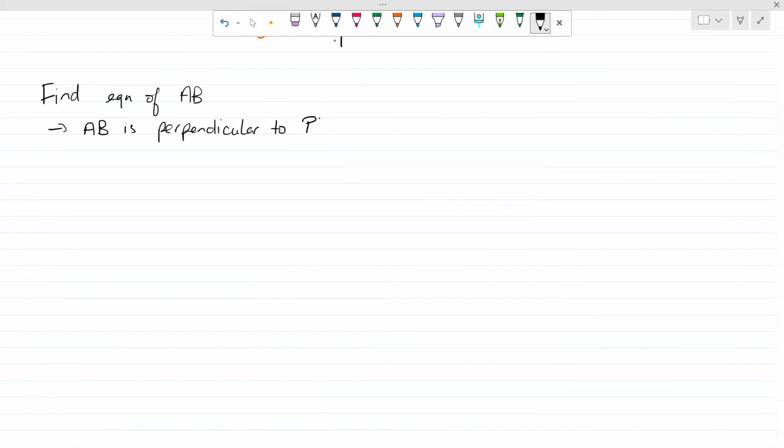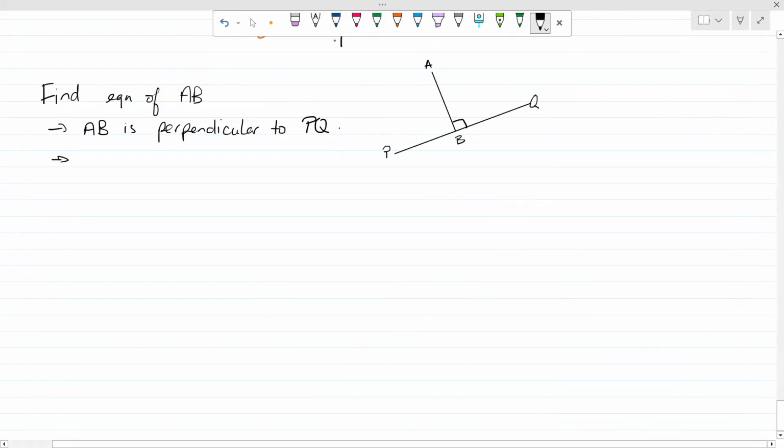We know that AB is perpendicular to PQ. That means that if this is PQ, the other line meets it at a 90-degree angle, like this. That's what perpendicular means, right? This will be AB, and this is PQ. Now, there's a common rule about perpendicular lines.